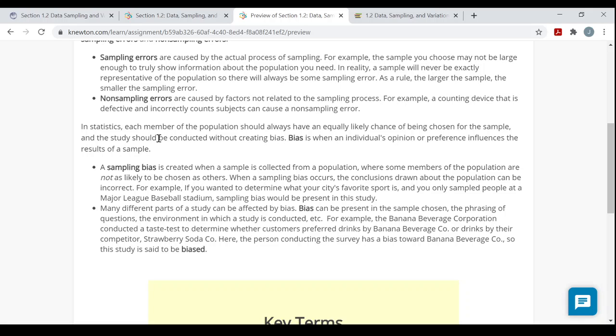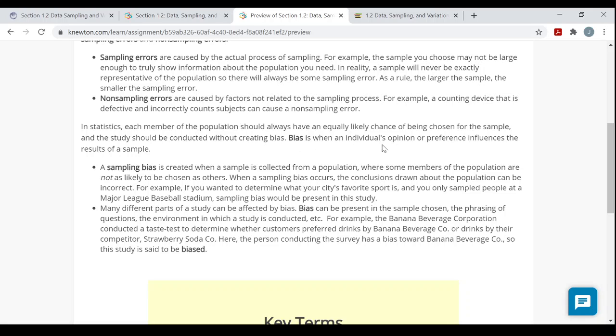In statistics, each member of the population should always have an equally likely chance of being chosen for the sample. That's why I said earlier about if a sampling method is not random, right? Like convenience sampling or quota sampling, that's not good. That has a tendency to create what's called bias, and they should be conducted without creating bias.